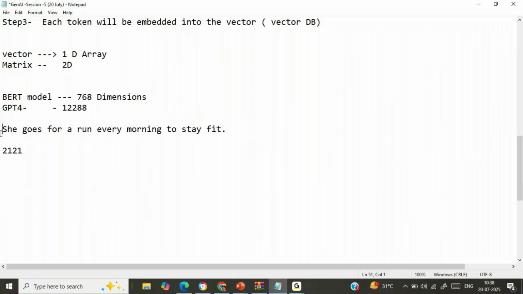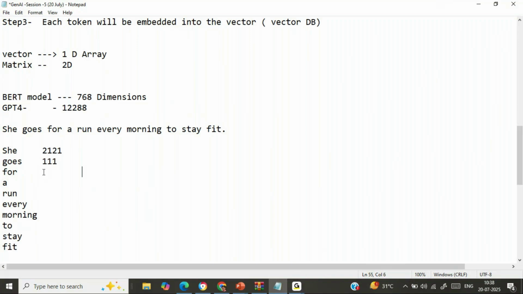Let me write it this way: she then goes for a run every morning to stay fit. And we will be having the tokens.